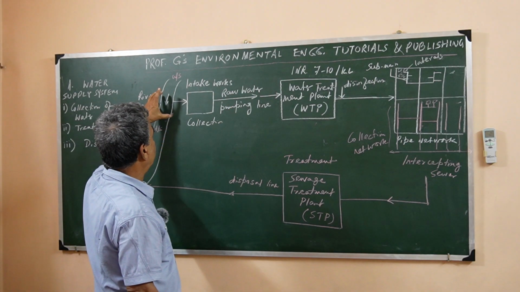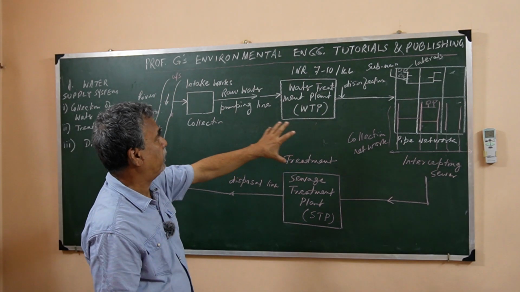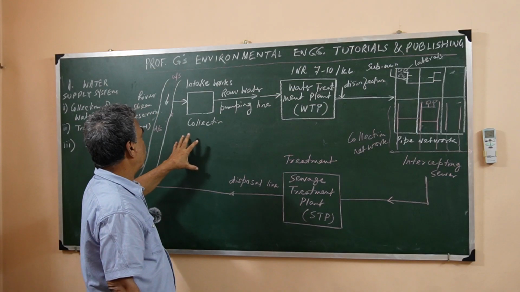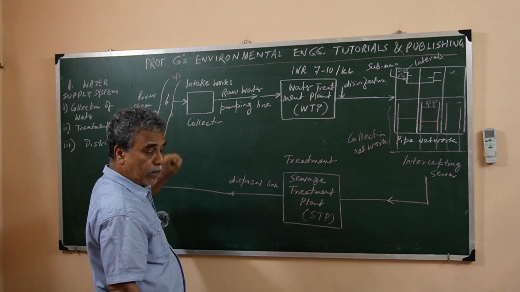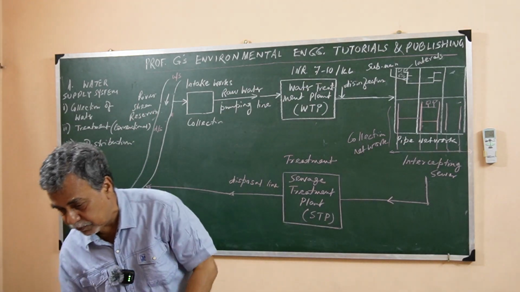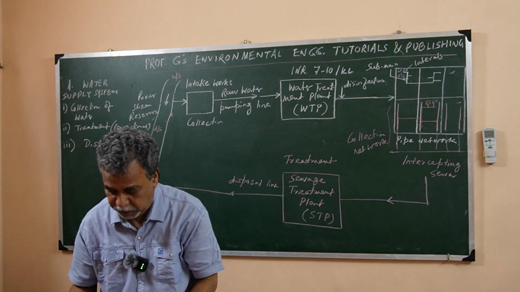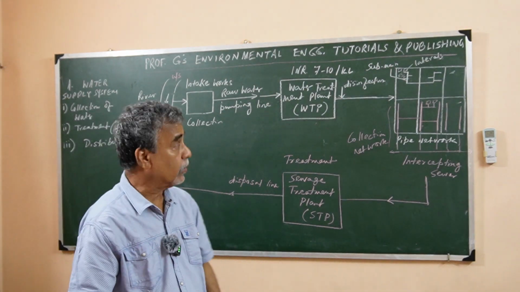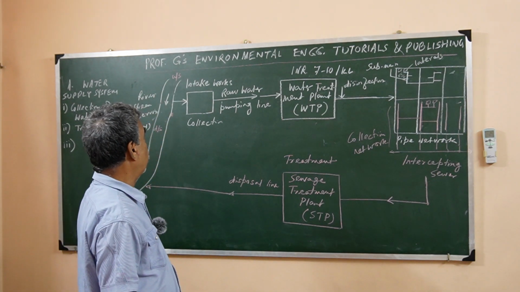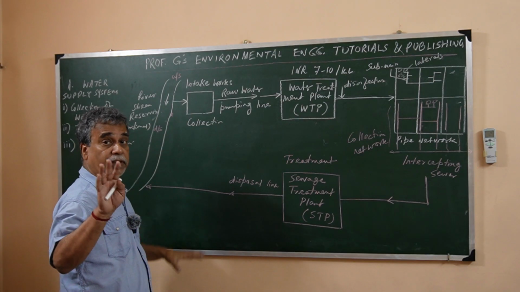You see the intake works also, and I am not repeating this one. Now here we should mention the quantity of water which needs to be drawn from the water supply source, which has been selected based on certain criteria.